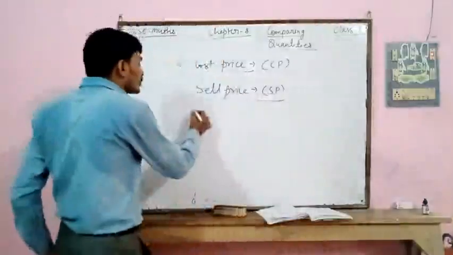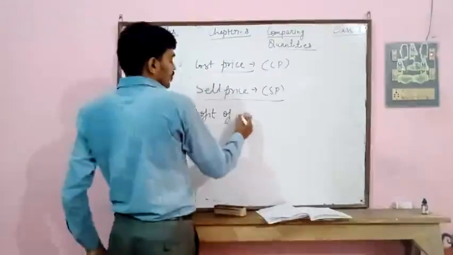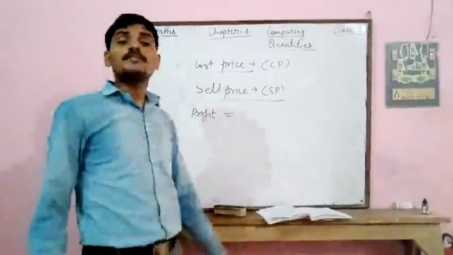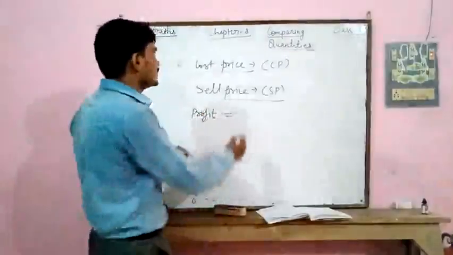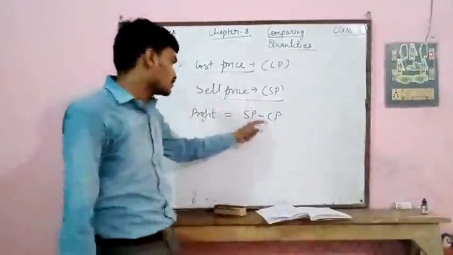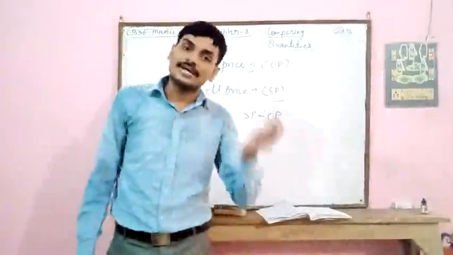Now what is the profit of any product? Profit is SP minus CP. If we subtract CP from SP, we get the profit of that seller.